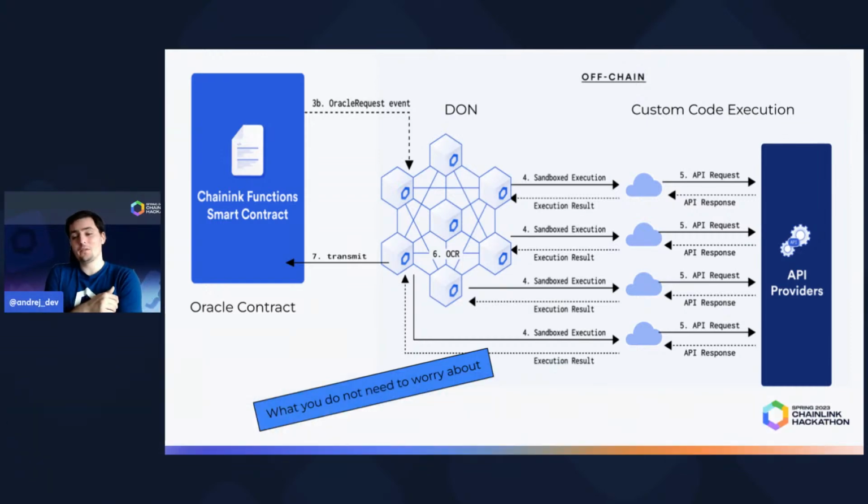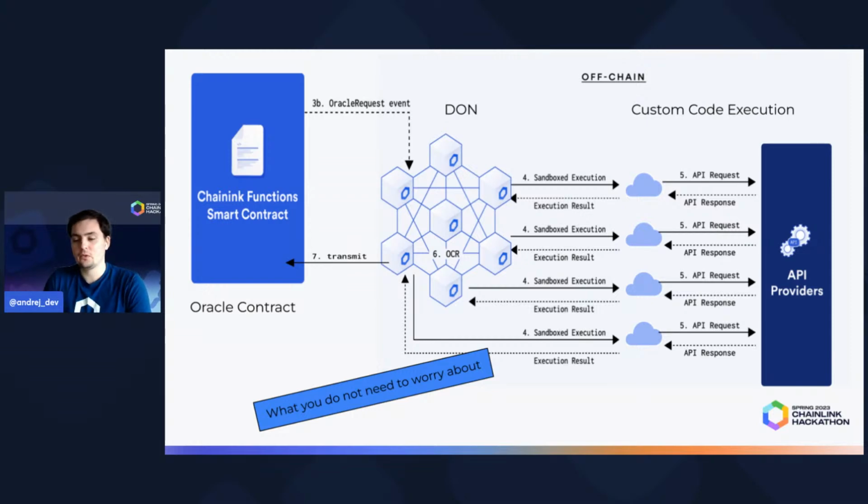Okay, after creation of a subscription, with each single request, it will be passed through that Oracle contract to the DON, and you can see here that the DON consists of independent Sybil-resistant nodes, which can actually perform whatever you tell them to do with arbitrary vanilla JavaScript code.